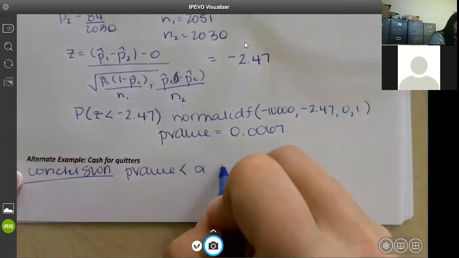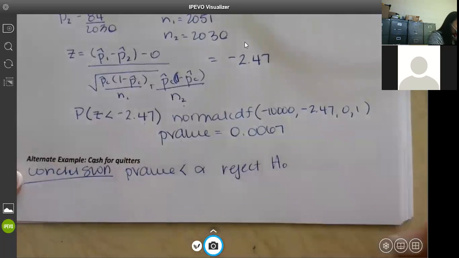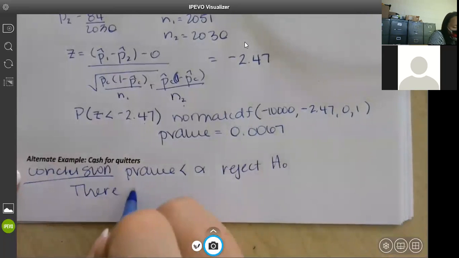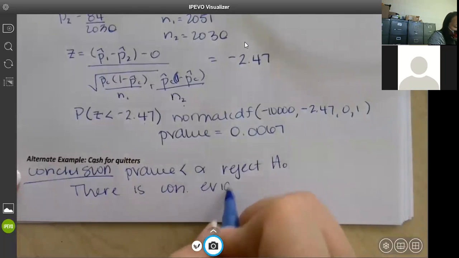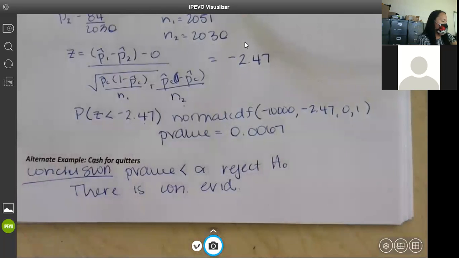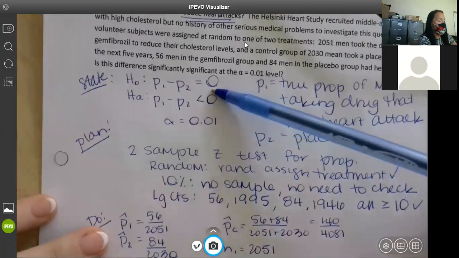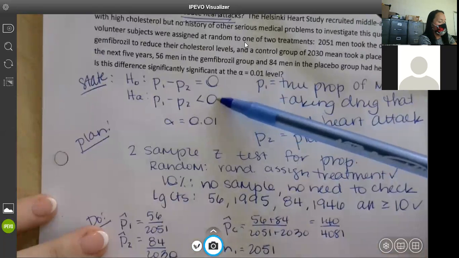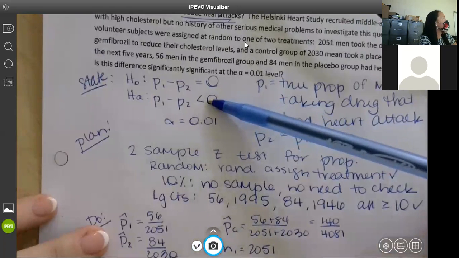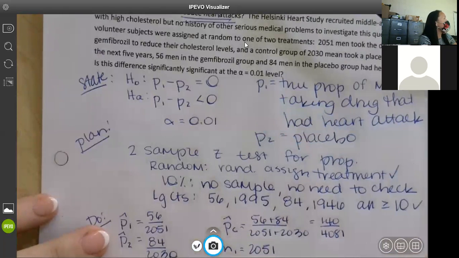So we reject H sub 0, which means that there is a difference, not just a difference, there is a reduction.